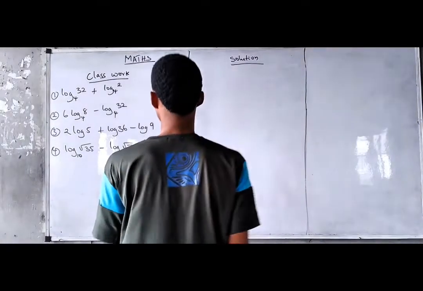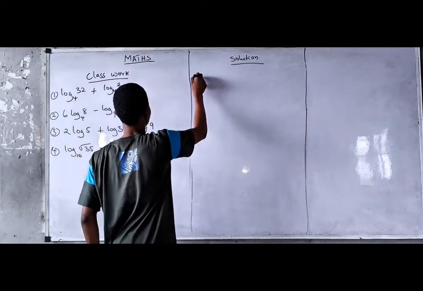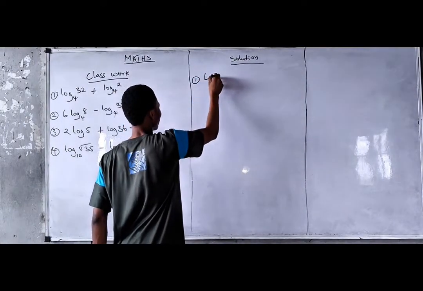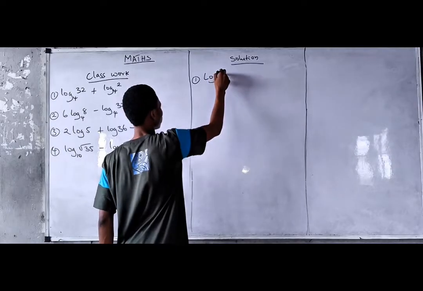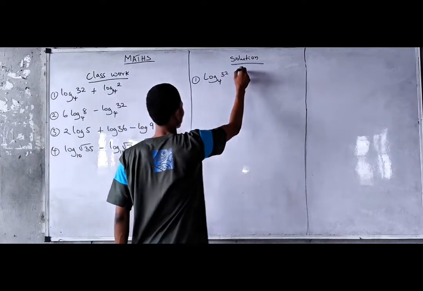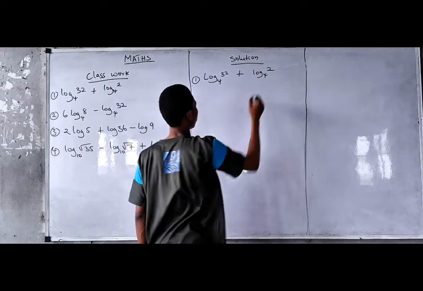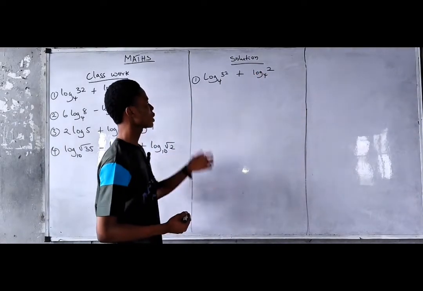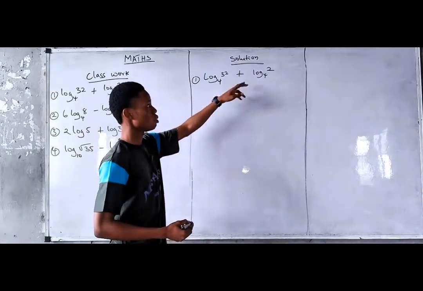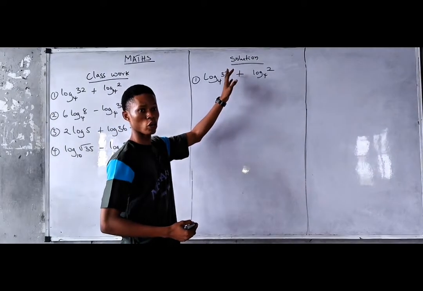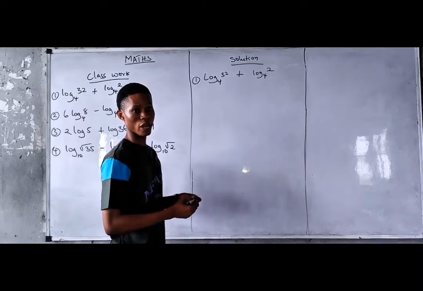Alright, so let's look at the first one here. It's called the classwork, and I'm doing the classwork for you. Thanks for those that got it right. Alright, so in this first case here, they are in the same base and this is addition. So what do we do according to the log rule? You multiply, right?